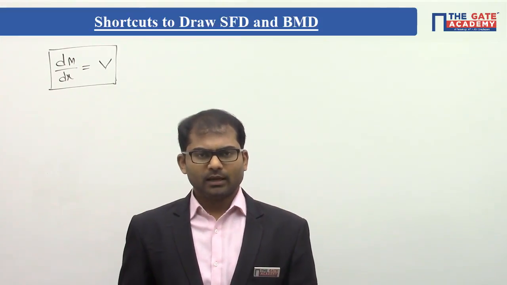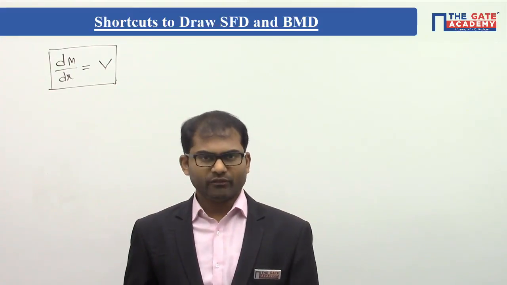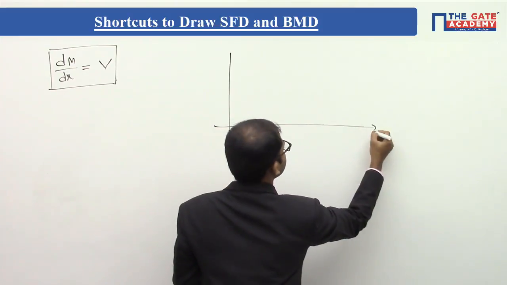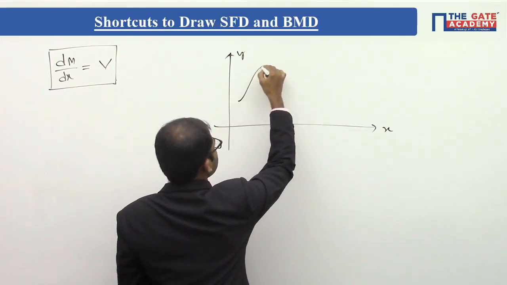Now look here, let's go to the background mathematics. If you have a function y is equal to f of x, just like this, y is equal to f of x function is like this.